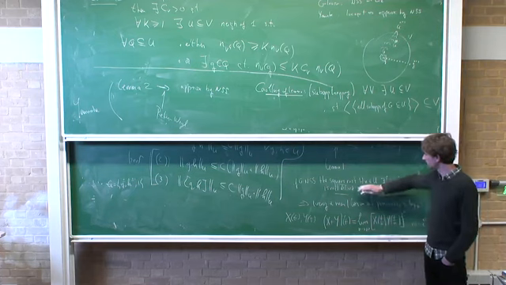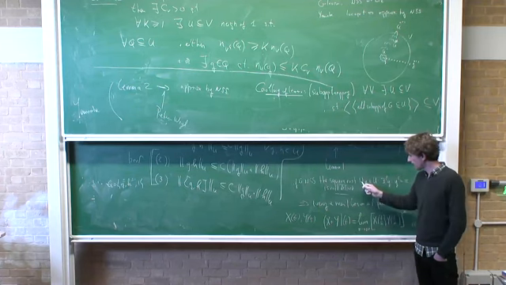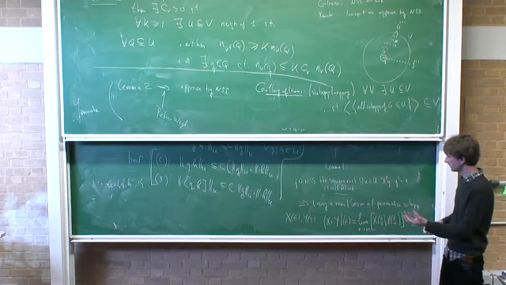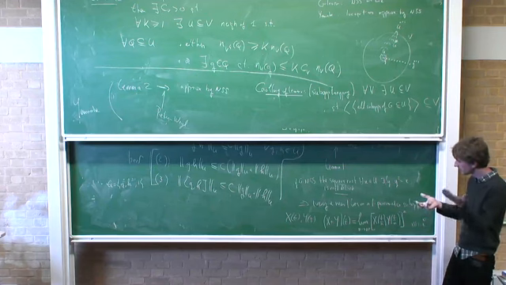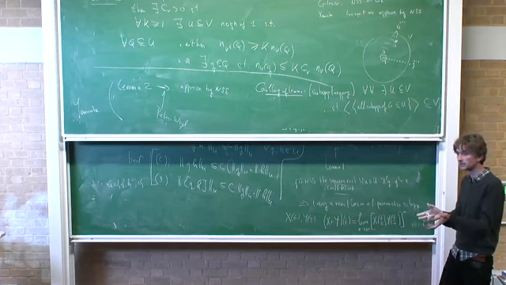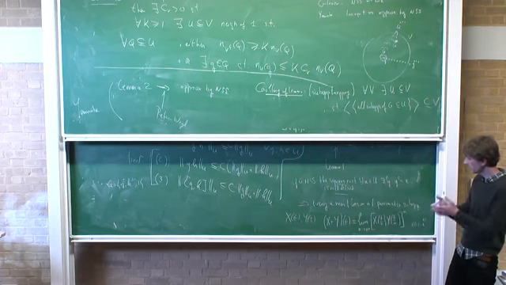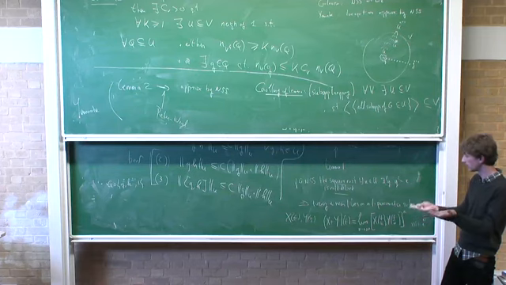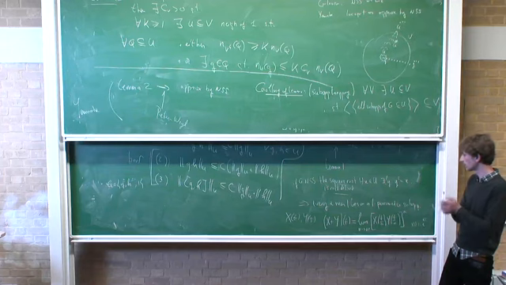Given that we know that every element is in some one-parameter group, this will be used to prove that this vector space of one-parameter subgroups is locally compact, because near the identity, it looks like the neighborhood of the identity in G. And a locally compact topological vector space must have finite dimension. So it's finite dimensional.